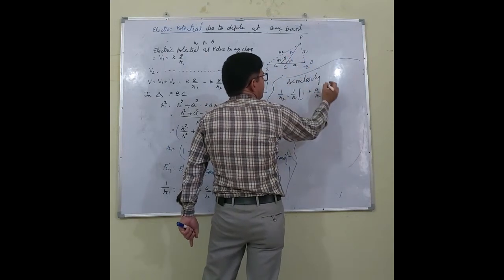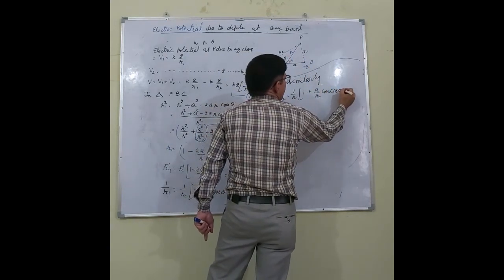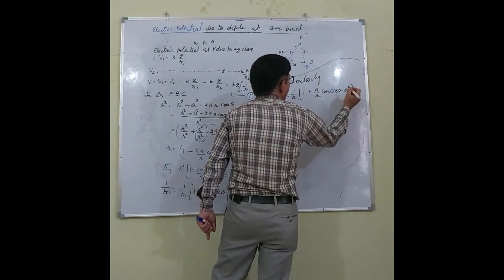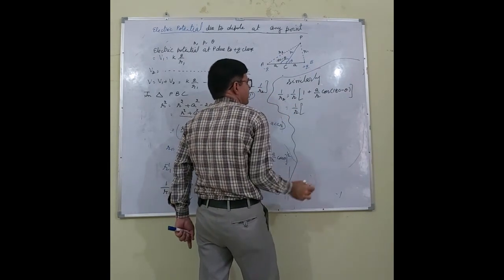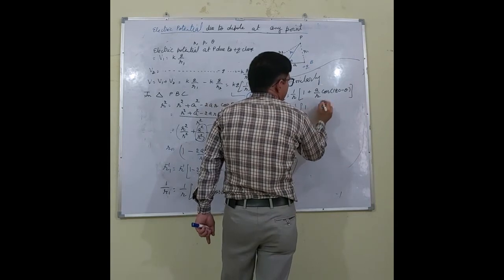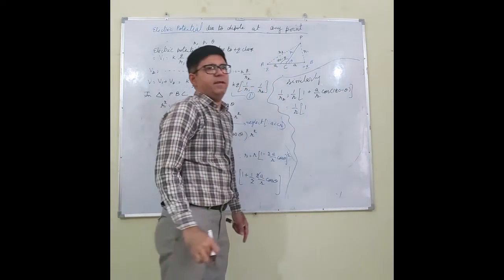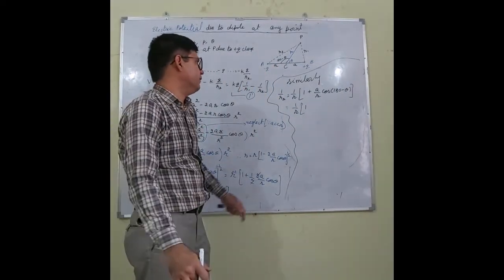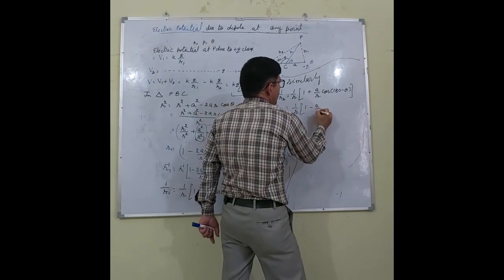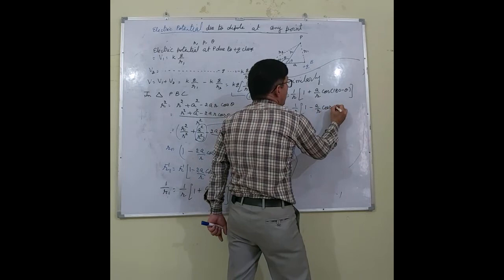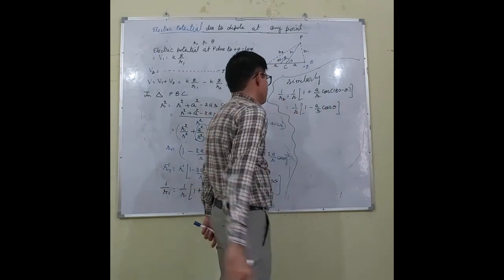In place of theta there is 180 minus theta, and cos is negative in the second quadrant. So 1 minus A upon R cos theta.